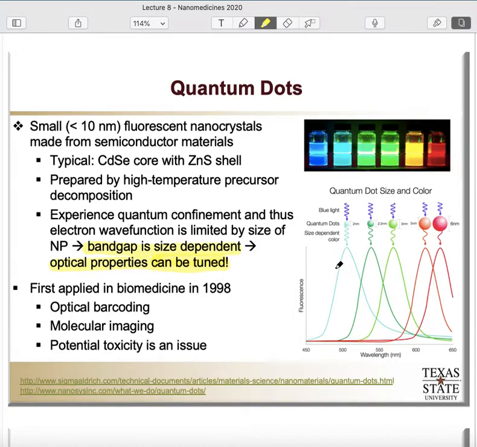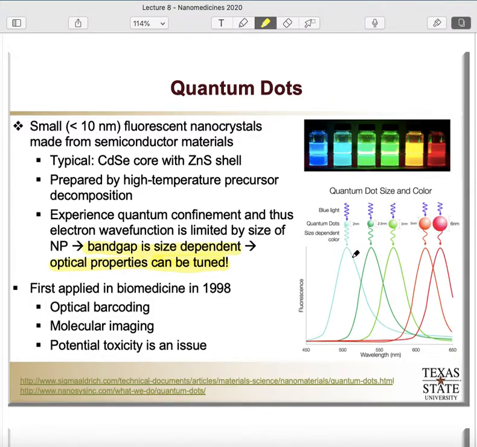Let's say that I'm interested in protein A, protein B, protein C. I could then functionalize these quantum dots onto antibodies that are specific for each of the proteins, and I could see the localization of each of those proteins independently, just because of the fact that the fluorescence peak is so narrow, and I'm able to separate the optical signal from each of these by utilizing the appropriate optical filters.